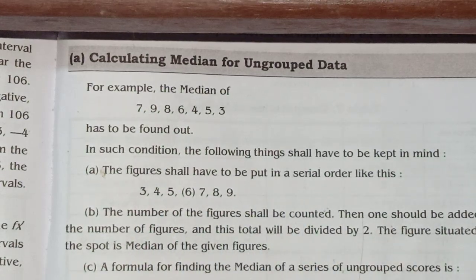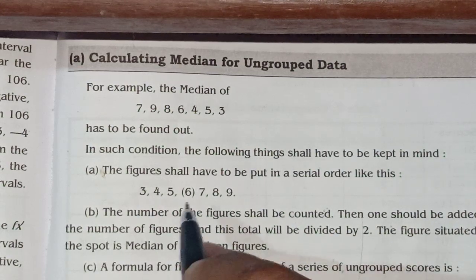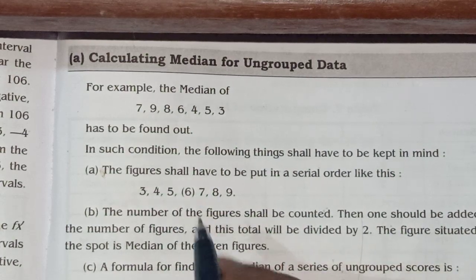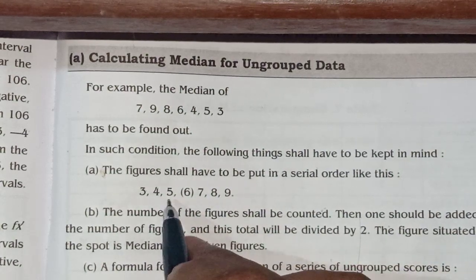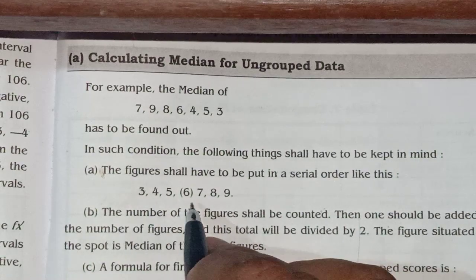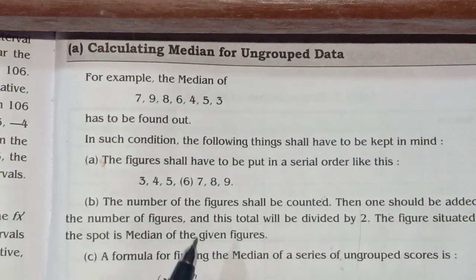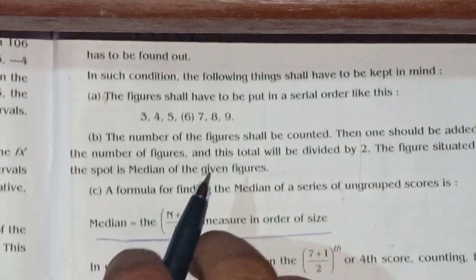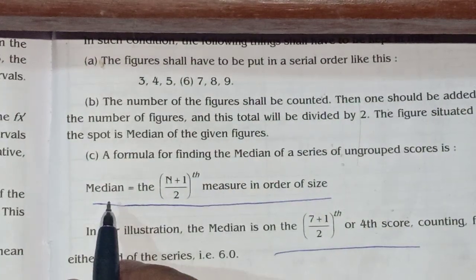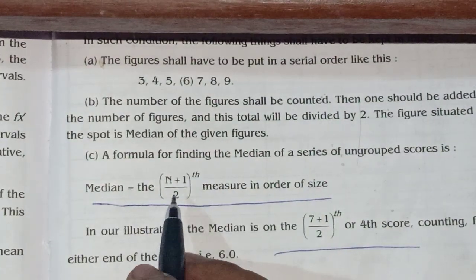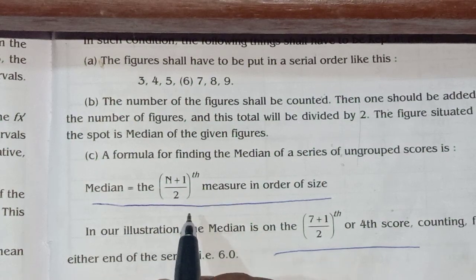So what is the median? Above which and below which there are the same number of scores. So the median is 6, because above this there are 3 scores and below this there are 3 scores. Okay, so what is the formula here? The position of median is (N plus 1) by 2. What is N?